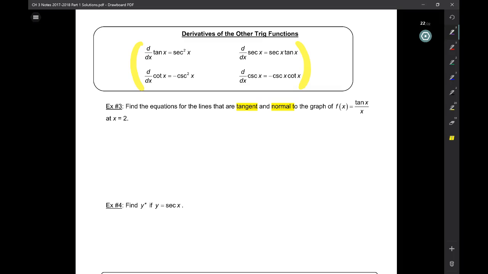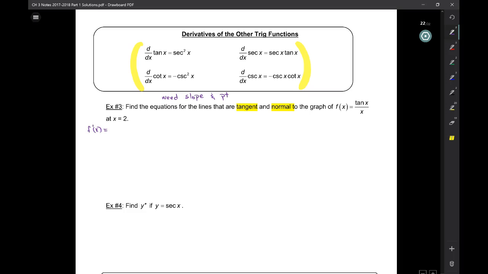That would give us the slope at x equals 2, and then we go from there. To find the equation of a line, you need a slope and a point. The slope, we have to take a derivative and plug in 2. So let's do f prime of x.